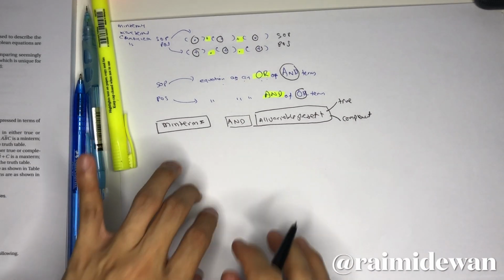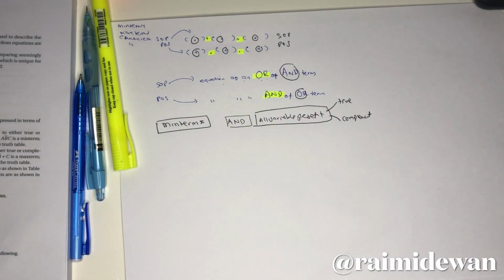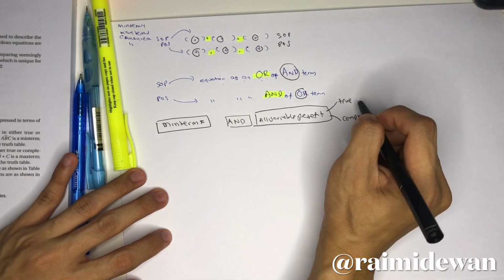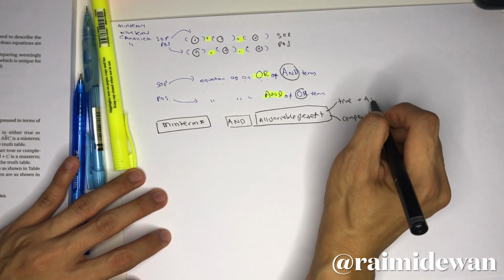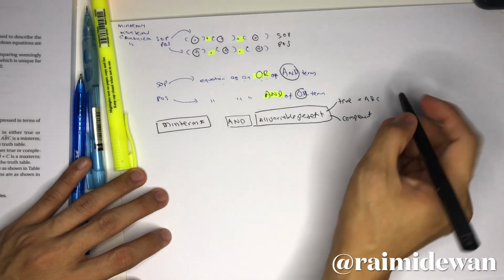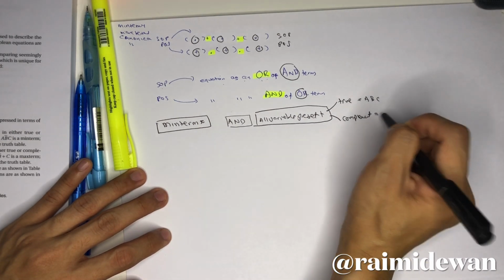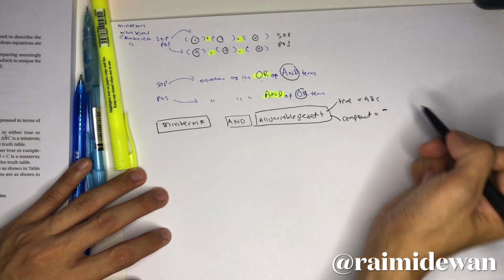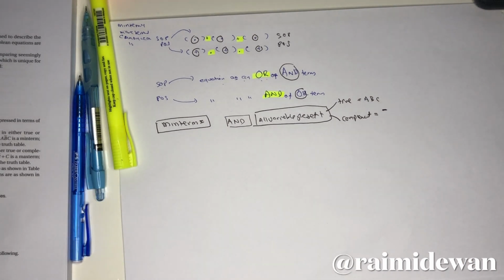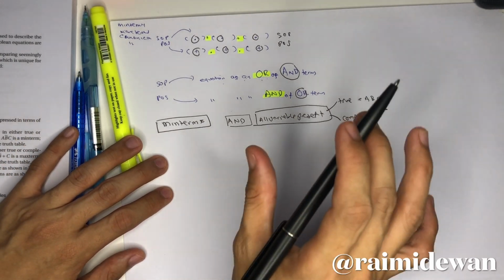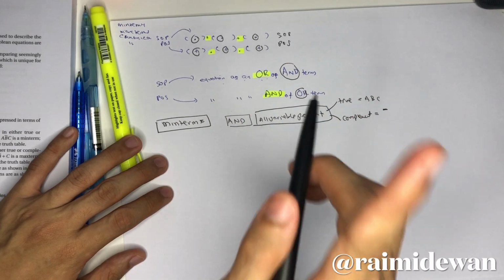What is true? True means, for example, you have A, B, C. Complement form means you use the bar. Each minterm corresponds to exactly one entry in the truth table.